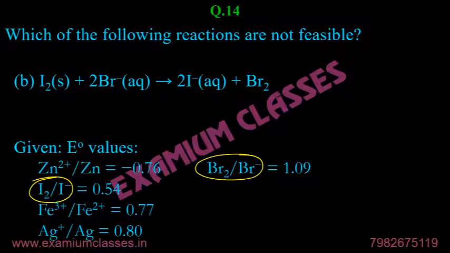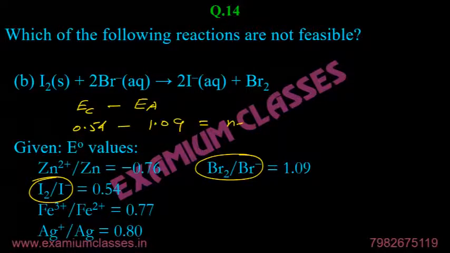Okay, correct, correct. Why so many wrong answers? I'm not getting. 2.54 minus 1.09. So it is negative. So it will not be feasible. Those who have given it is feasible, just think about it.